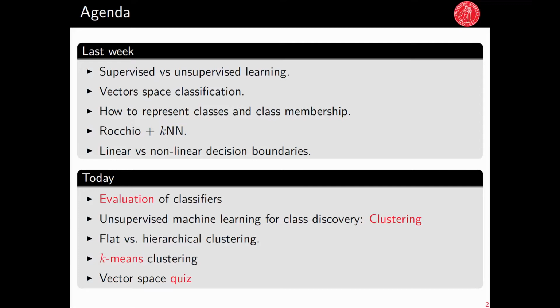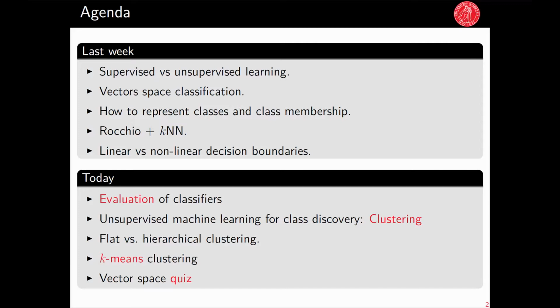Clustering methods. So these are techniques where we still have the same goal of modeling classes of objects or modeling groups of objects in a vector space, but now without having the luxury of labeled training examples to start from.